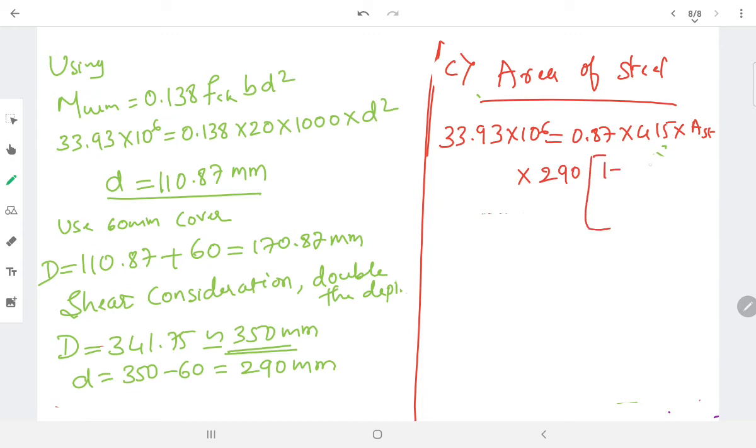D is the effective depth, then AST is 415 divided by BDFCK, it is 1000 for 1 meter length, and 290 and 20. So just calculate this area of steel required for the footing, getting as 301.